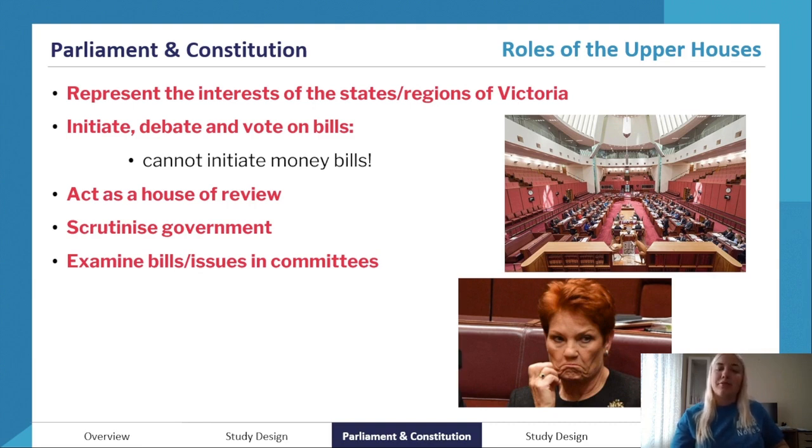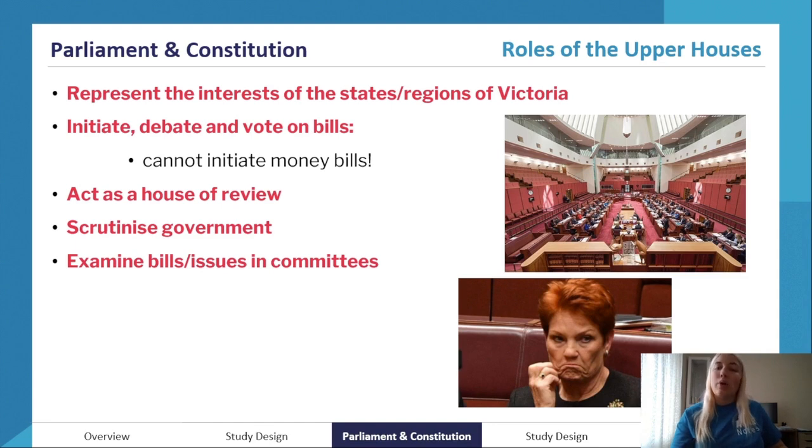So, for instance, just to help you understand this, the compositions are really different. The lower house is just chosen by the people, depending on who's getting the most votes, they will become members of the lower house.